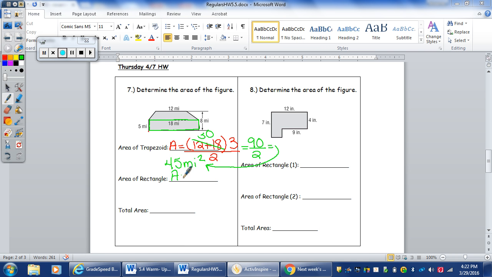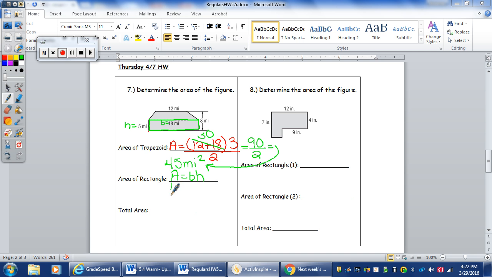I know rectangles are base times height because every shape we find area for in 6th grade originates from the rectangle, base times height. So this one's pretty easy to see. I'm still going to label. I can see my base is 18. So I'm going to label that base. And I can clearly see my height here. My height is 5. And it's pretty simple.